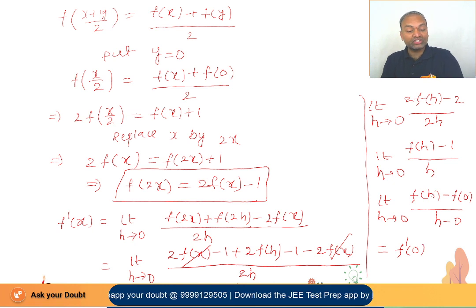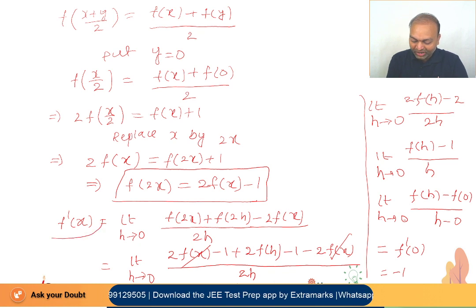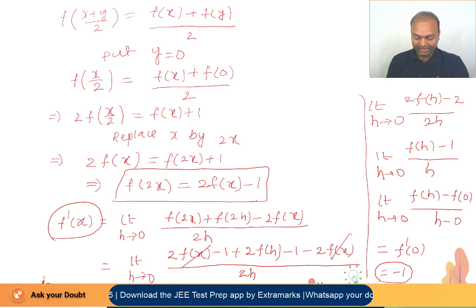But what is f dash of 0? Minus 1. See here, finally we got f dash of x, the answer is minus 1. Correct or not? Right. See the next slide.